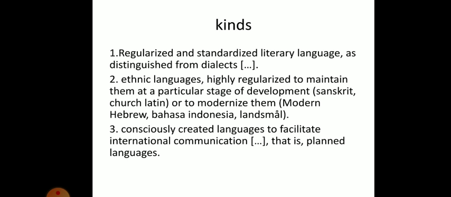The second type or category is the ethnic language, and such ethnic languages are highly regularized to maintain them at a particular stage of development, since they are growing to be endangered languages. Examples of these languages are Sanskrit, which is being preserved at a specific stage of development, and Church Latin, which is again being preserved and has a growing danger of decaying with the passage of time.